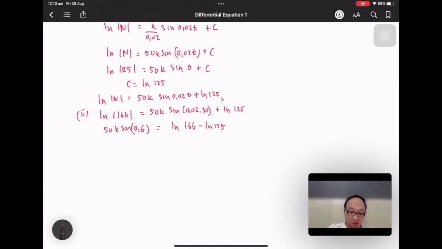So that means K will equal ln(166/125) divided by 50 sine 0.6.